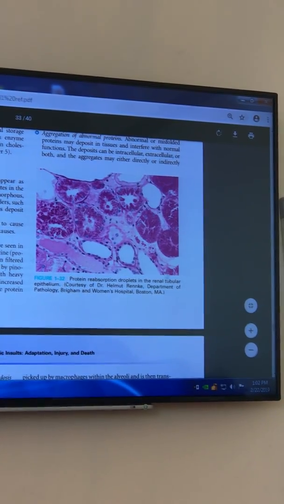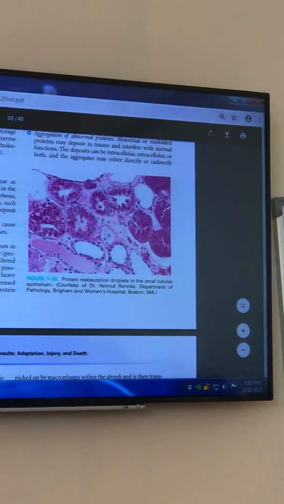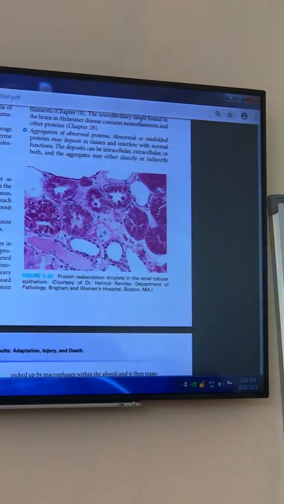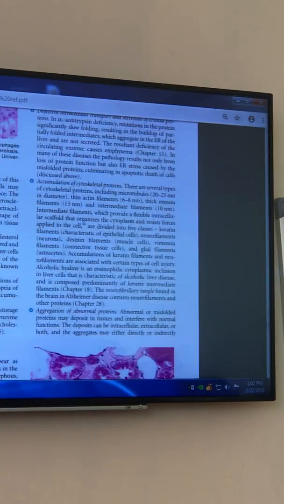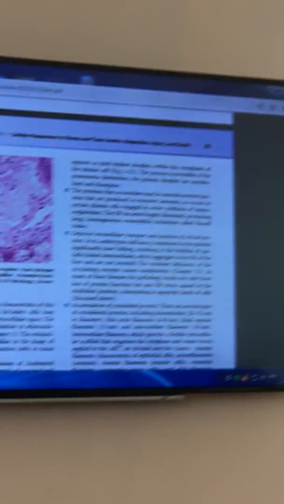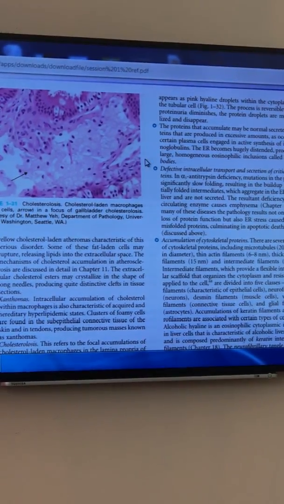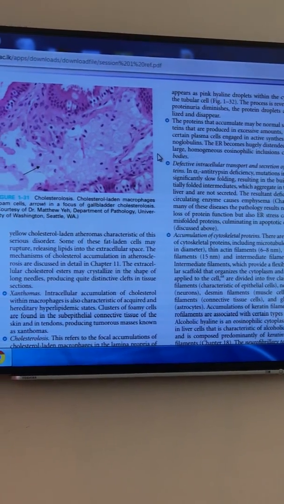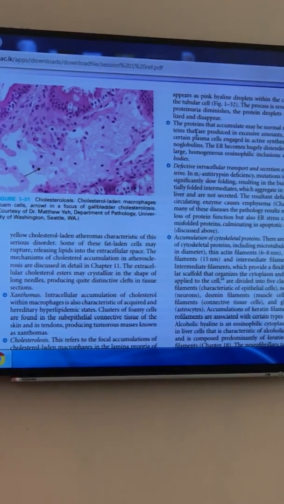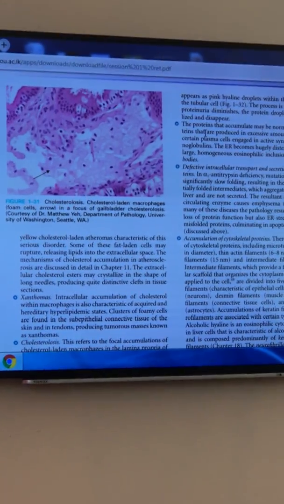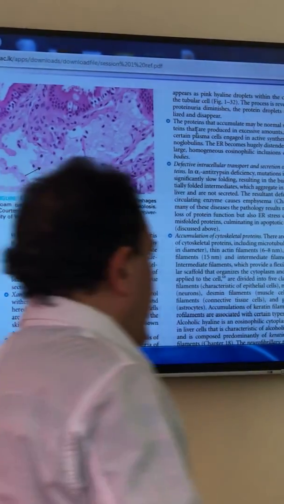This is a reabsorption of normal protein, but this type of accumulation, as I said, can be an abnormal type and is present in neurodegenerative diseases. Another type of cell that can accumulate protein is the plasma cell.